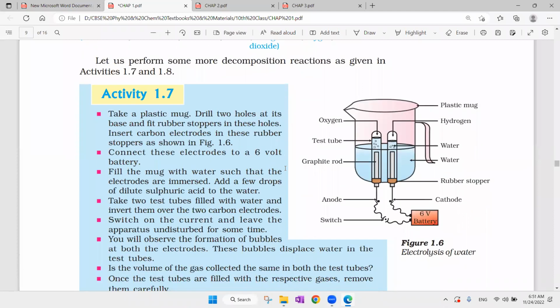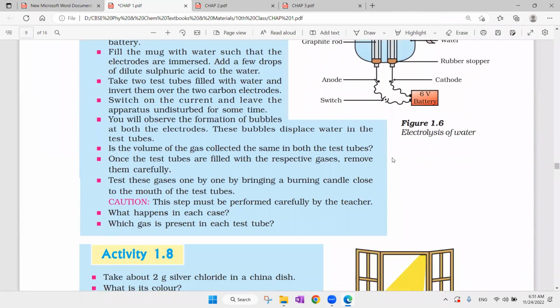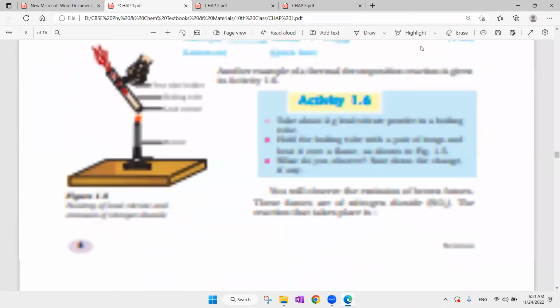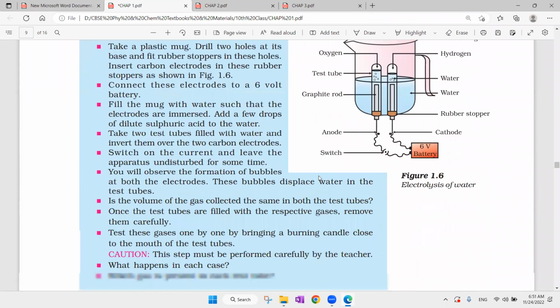Here, if you observe activity 1.7, this is passing of electricity through water, but here the equation is not given, so you have to analyze that equation.